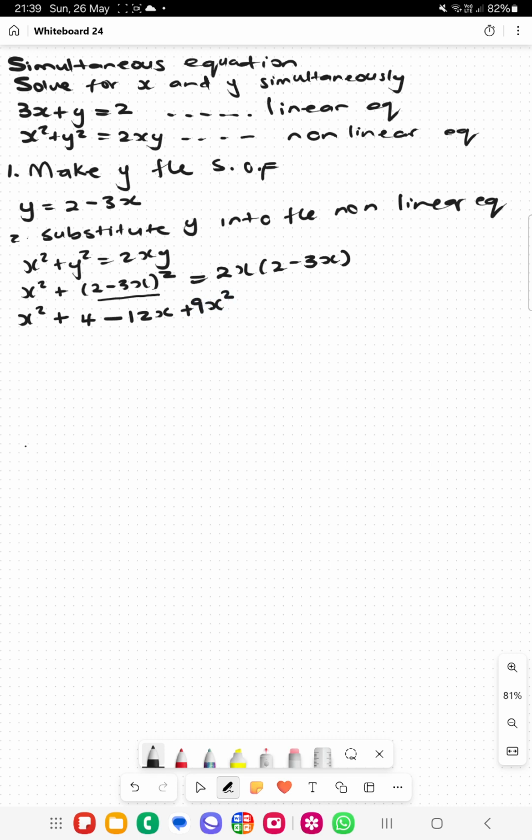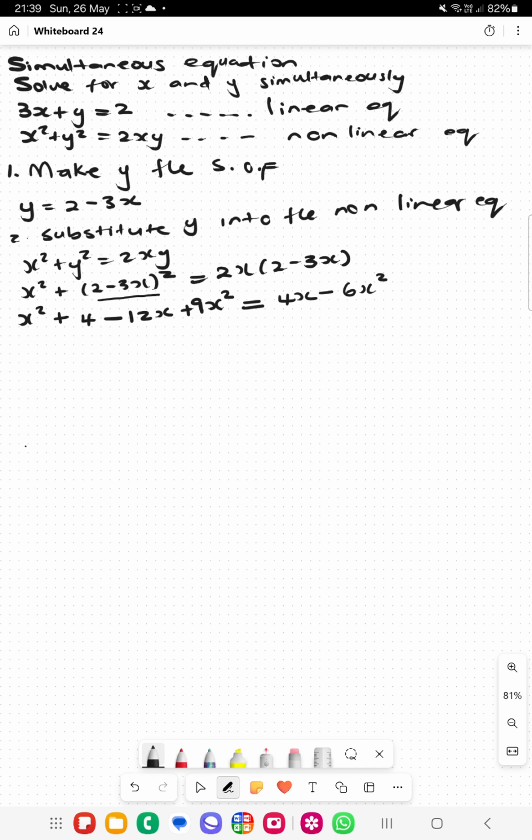You can do it, as I said, by opening 2 brackets. Then I'm going to have 2x times 2, it's 4x. 2x times negative 3x, it's negative 6x squared.